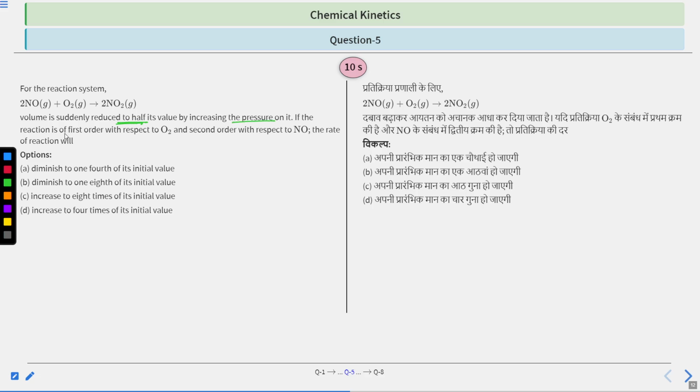It is given that the reaction is of first order with respect to O2 and of second order with respect to NO, nitric oxide. The rate of reaction will be... So what will be the effect on the rate of reaction then? Options are diminish to 1/4 of its initial value, diminish to 1/8 of its initial value, increase to 8 times of its initial value, or increase to 4 times of its initial value.